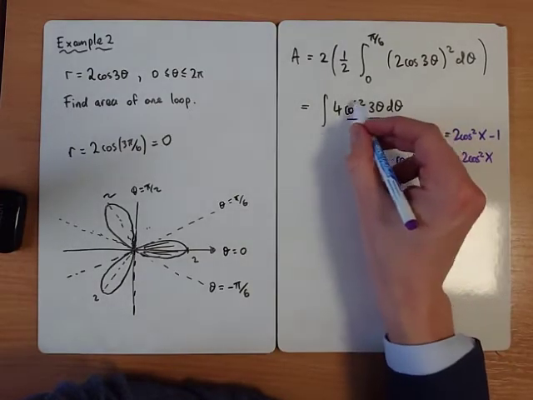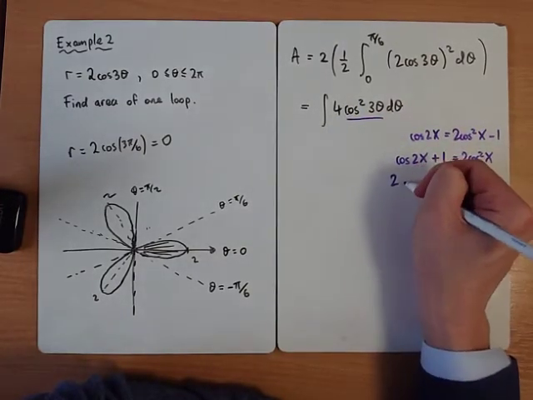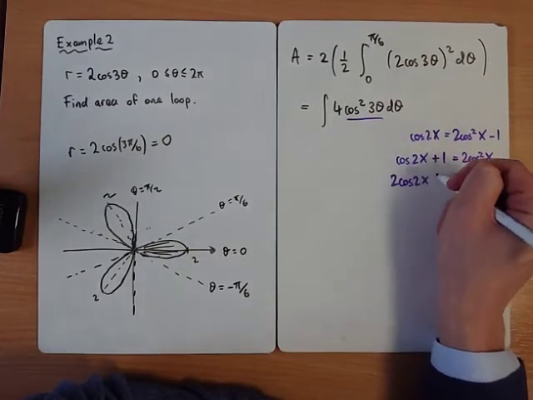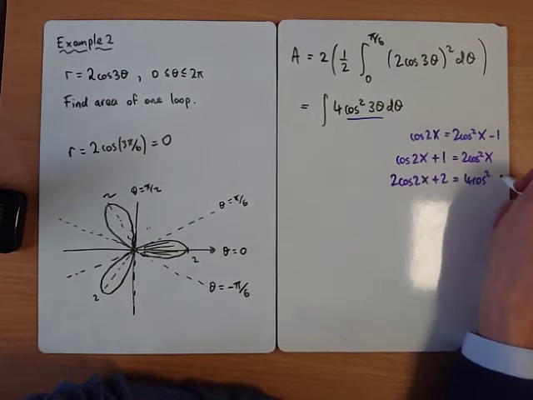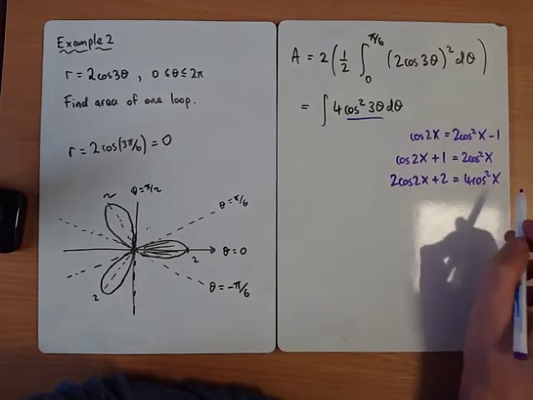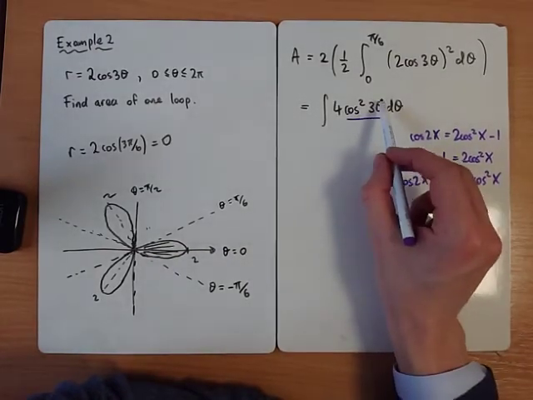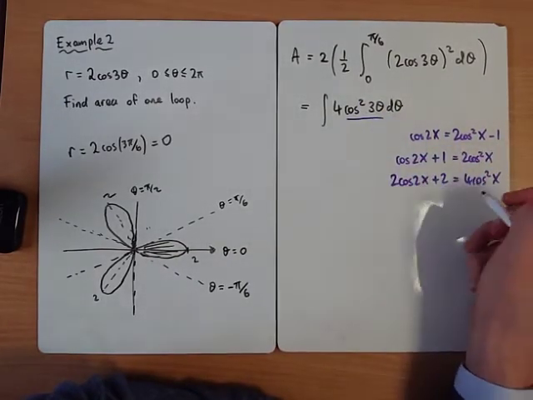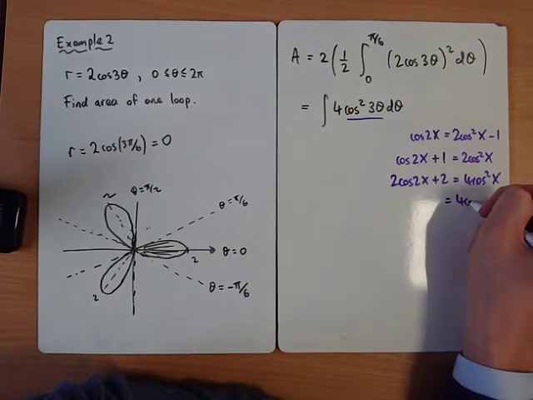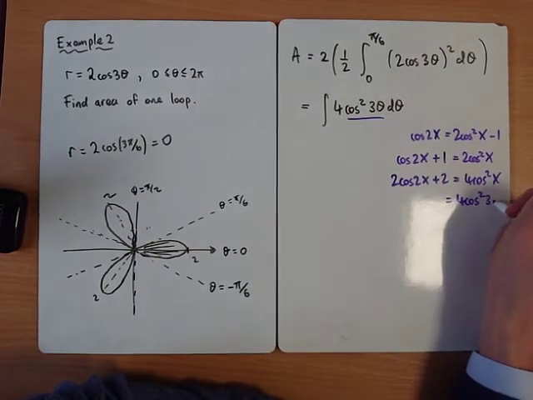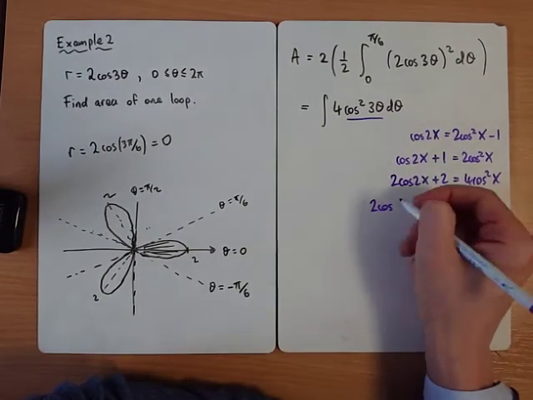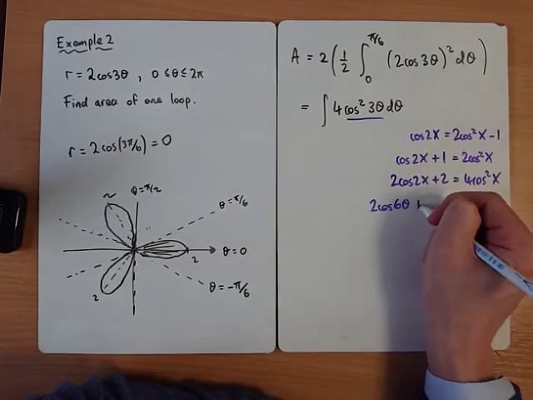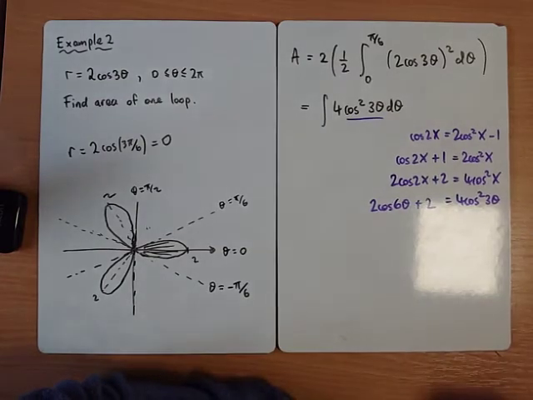We've got 4 cos squared, so 2 cos 2x plus 2 is 4 cos squared of x. Now we can think about the angle that we're working with. We've got 3 theta, so 4 cos squared 3 theta is 2 cos, double the angle, 6 theta plus 2. So that's what I'm going to integrate.